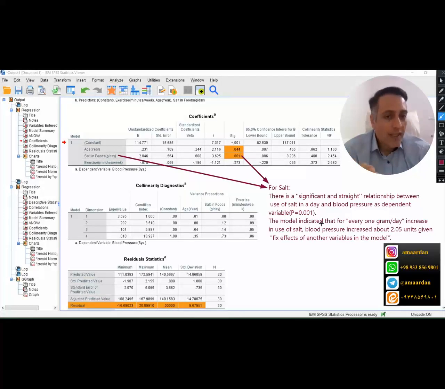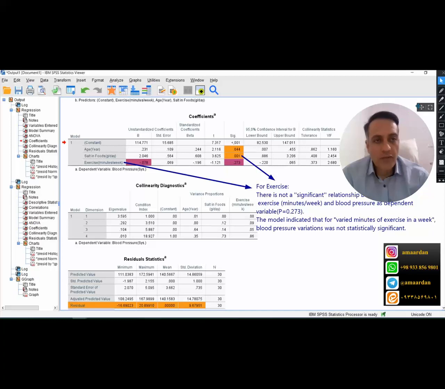The model indicated that for every 1 gram per day, because the unit of salt in foods is gram per day, increase in use of salt, blood pressure increased about 2.05, given fixed effects of the other variables in the model.